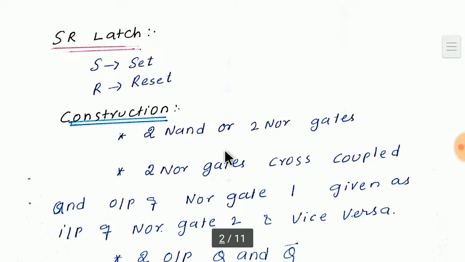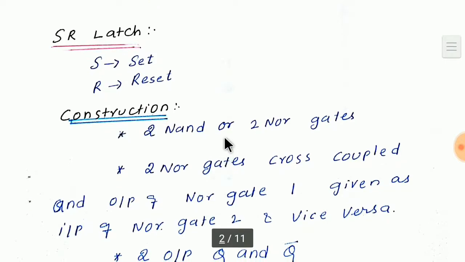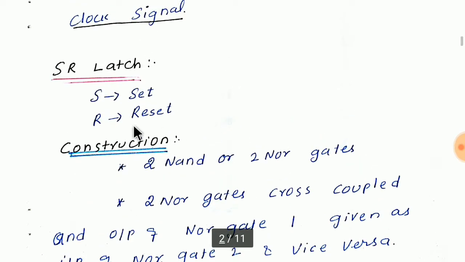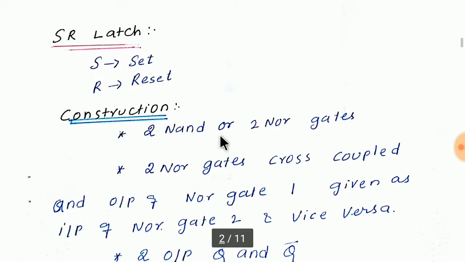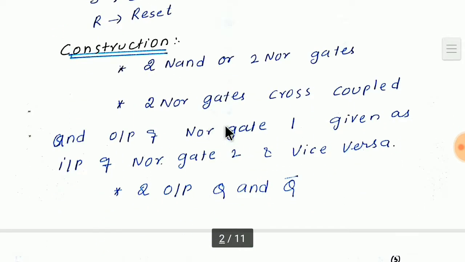Now I'm going for the first latch. Totally we have 4 kinds: SR latch, D latch, JK and T. Right? Now we are going for SR latch. As the name suggests, S is for set and R is for reset. Now the construction: we will be using 2 NAND gates or 2 NOR gates.